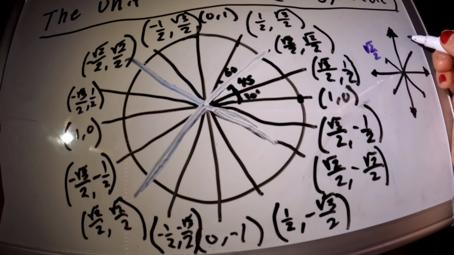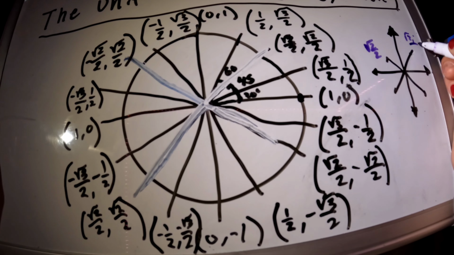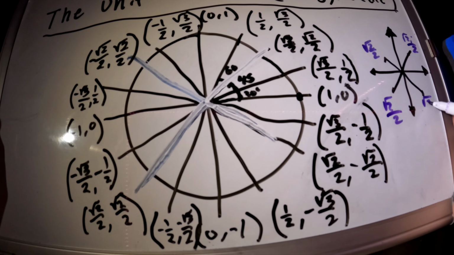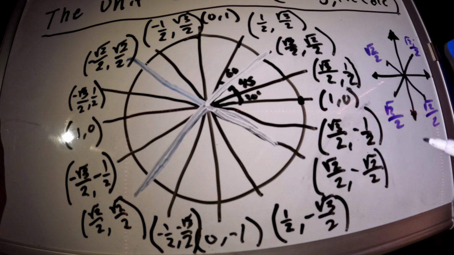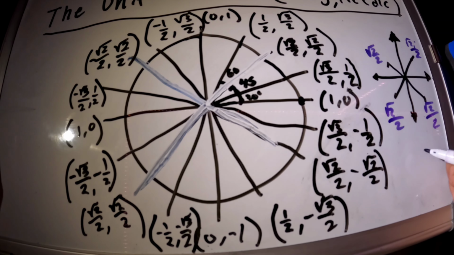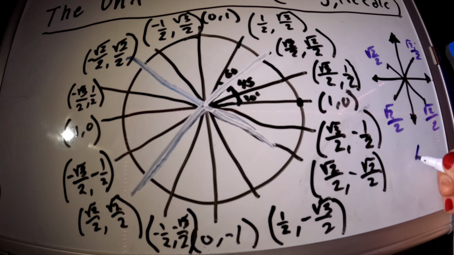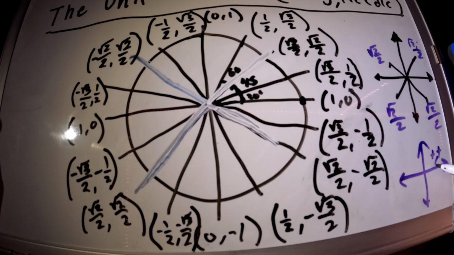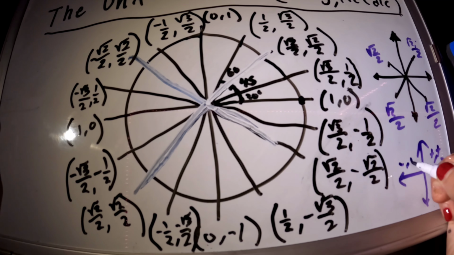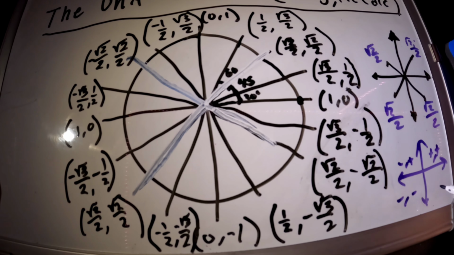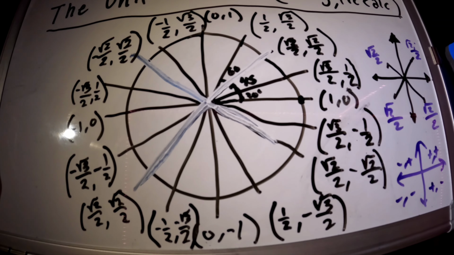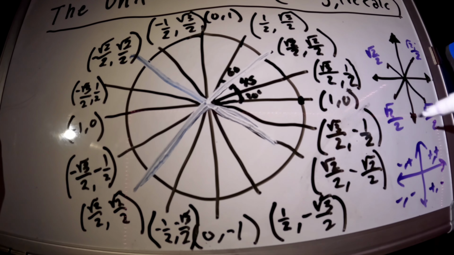It just depends on its quadrant. So like I mentioned earlier: positive, positive, negative, positive, negative, negative, and positive, negative. So just depending on that will vary what these are.